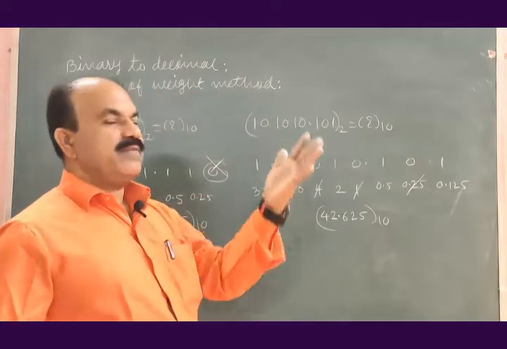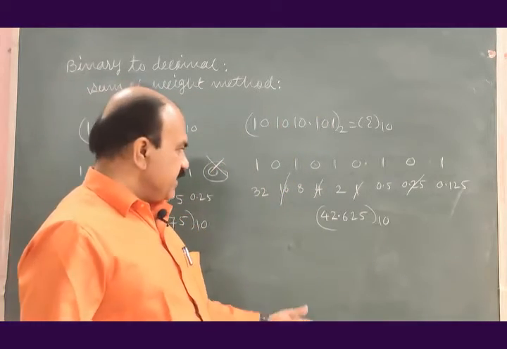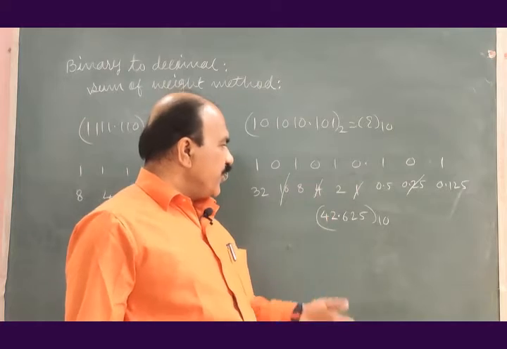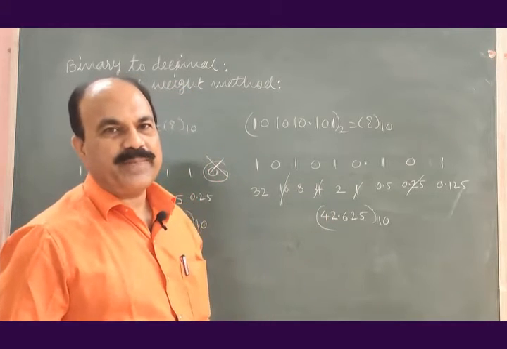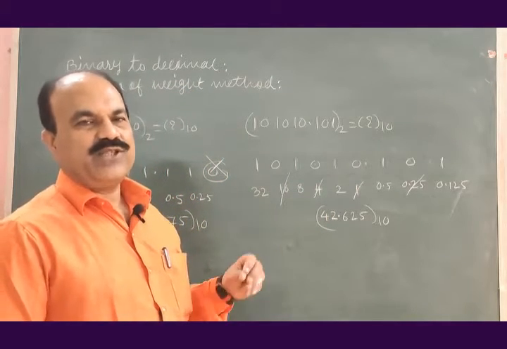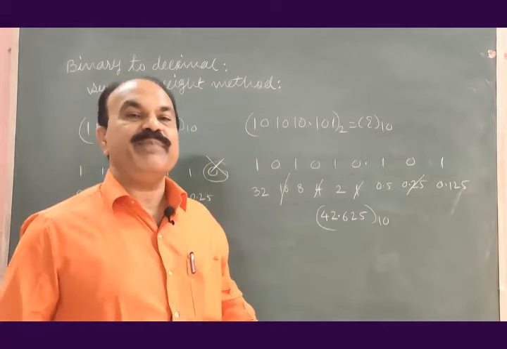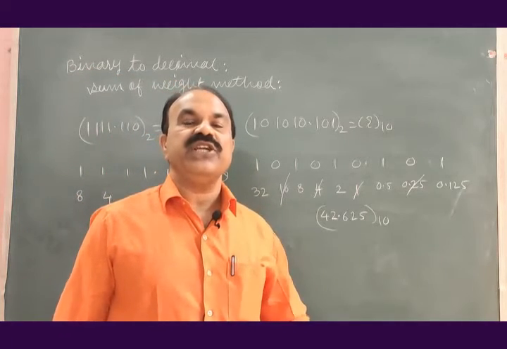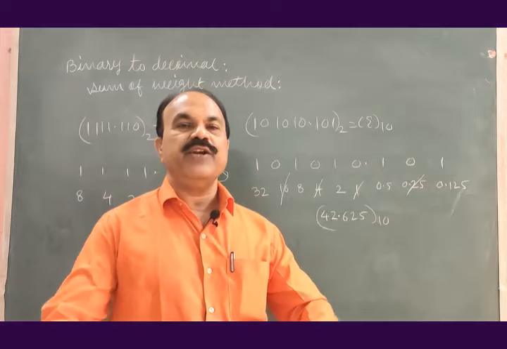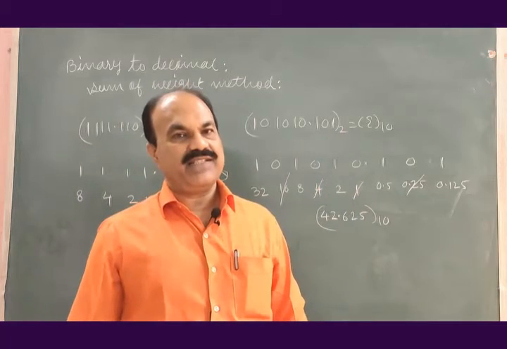So this binary in decimal is this much, 42.625. Very simple. So this way, using sum of weight method, we can convert any binary number into its equivalent decimal form.